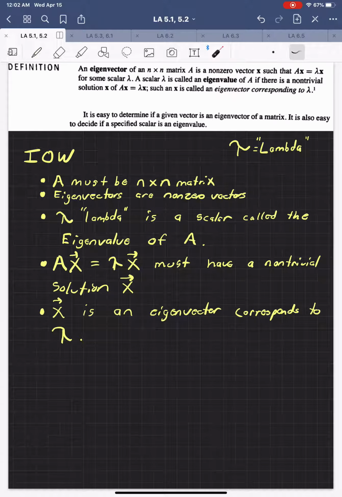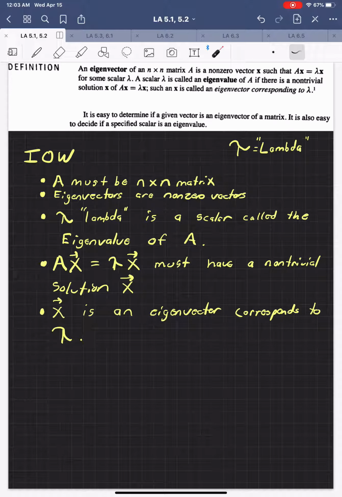So what was the takeaway right now? The takeaway is we are interested in these vectors where multiplication by some square matrix just changes the magnitude. It's a scalar multiple. It's a stretch or a dilation of the original vector.